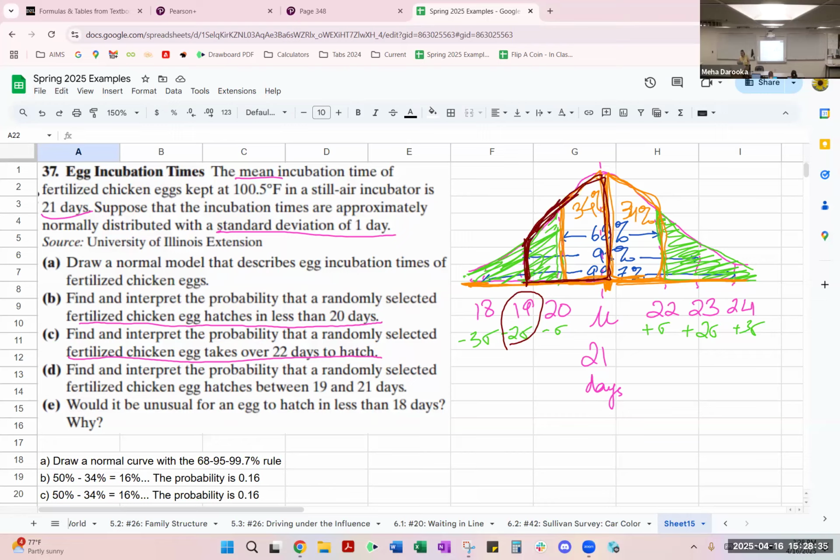So it's this dark maroon border that I'm drawing, between 19 and 21 days. You can see that's 2 standard deviations below the mean and the mean itself. So how much of this area are we talking about here? That's going to be this section here and this section.